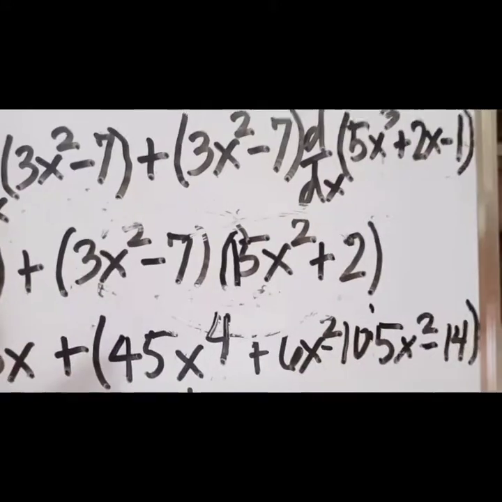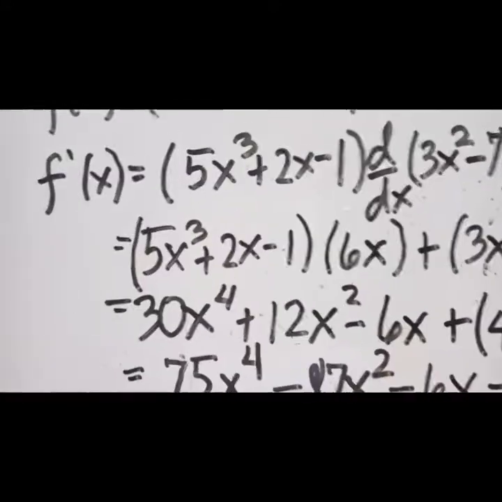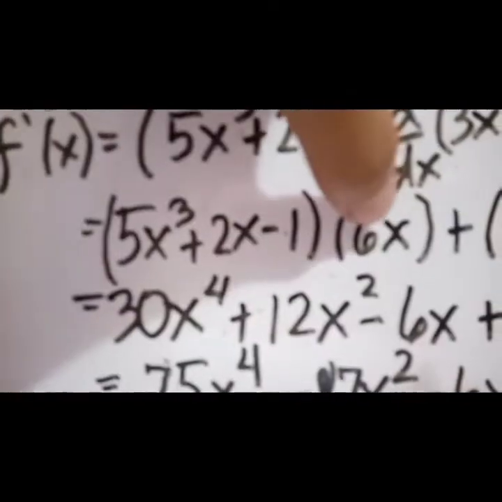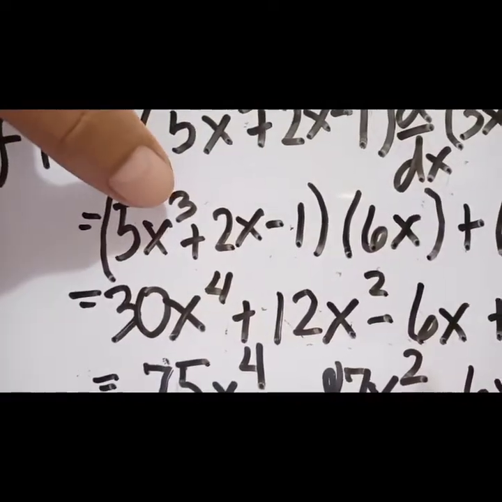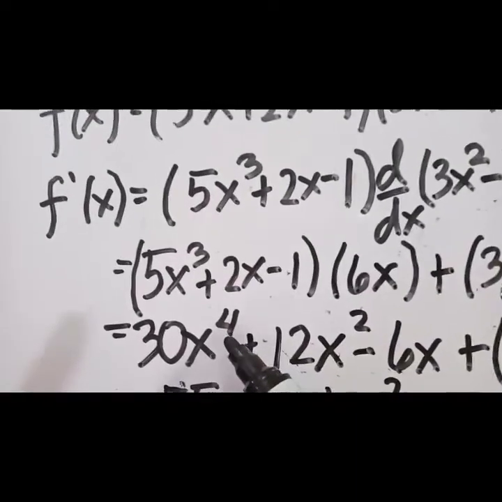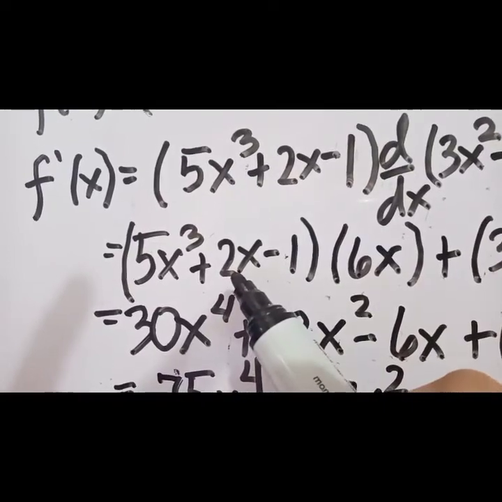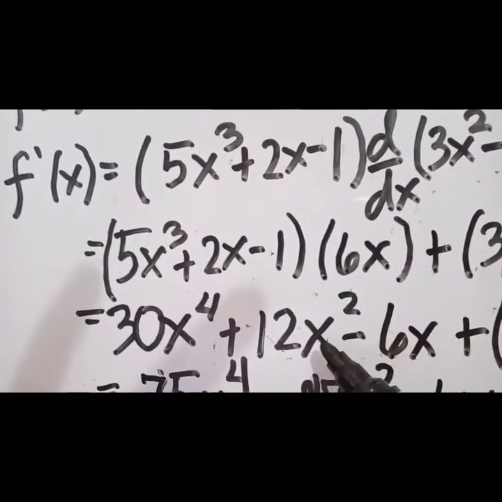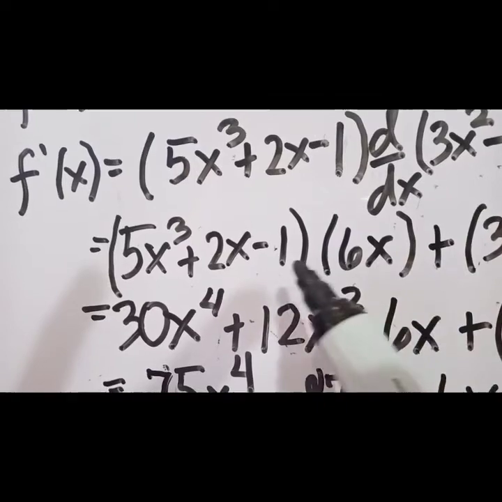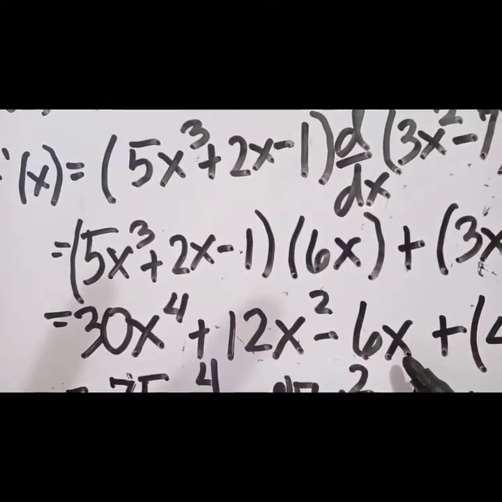Now let us distribute or simplify the expression. 6x times 5x cubed, that is 30x to the fourth. Then 6x times 2x, that is 12x squared. 6x times negative 1, and that is a negative 6x.